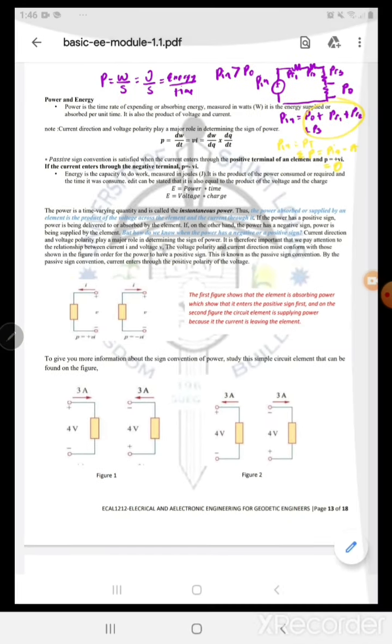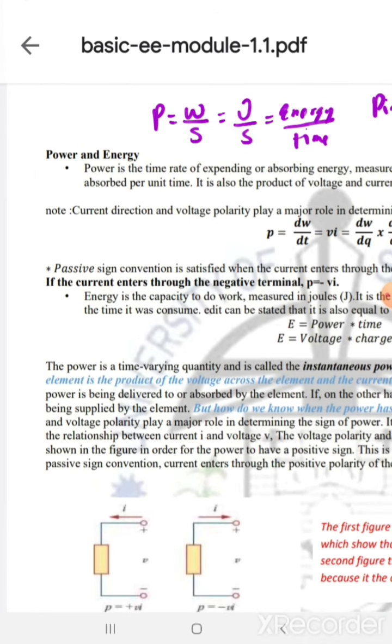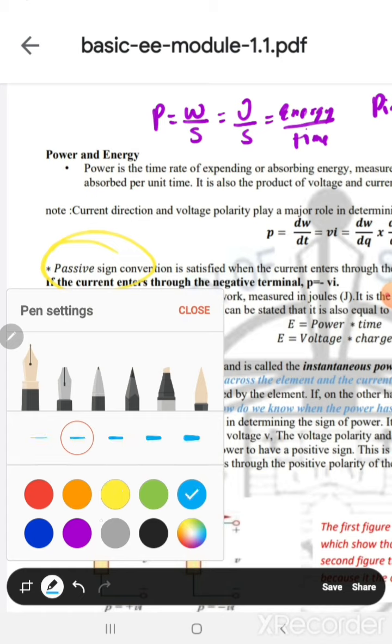So we have your passive sign convention. When you talk about passive sign convention, this is actually your conventional flow of current.